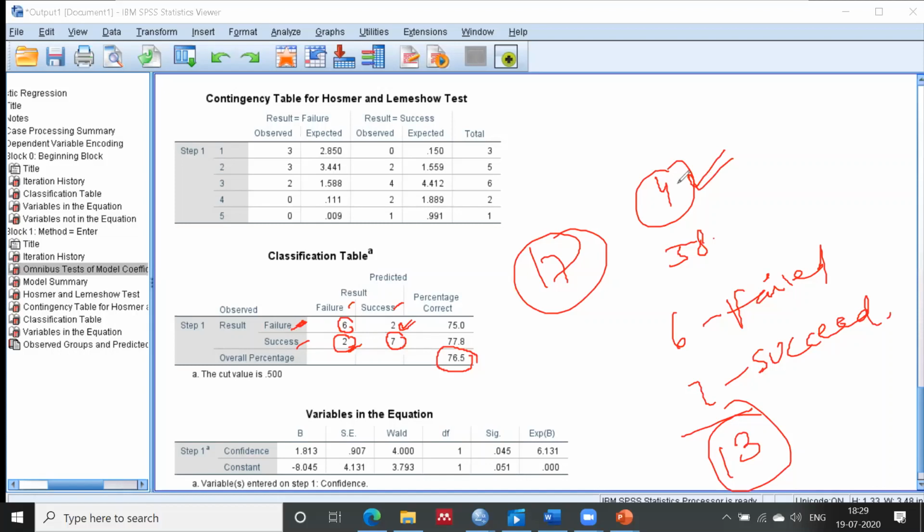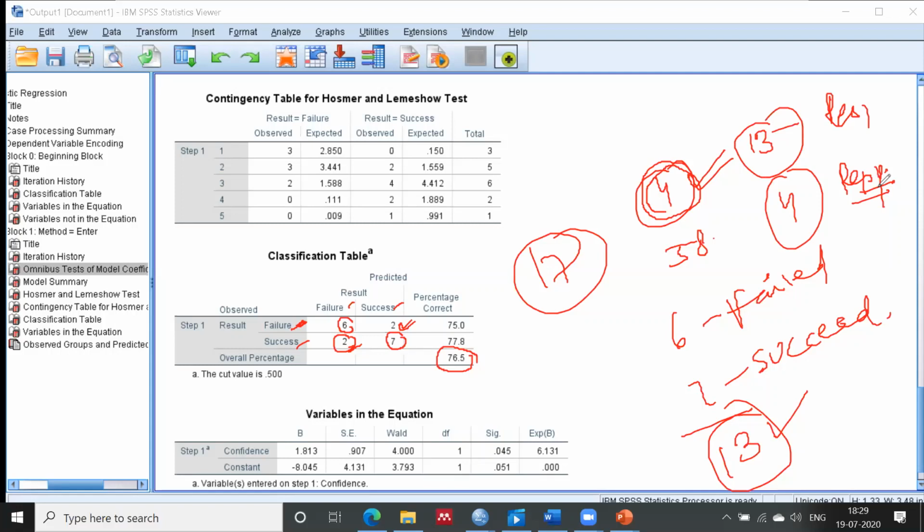So I was wrong in the case of 4 students, but for 13 it was correct. So my result says I was correct with 13 respondents, and I was wrong with the 4 respondents. Hope you are getting me.